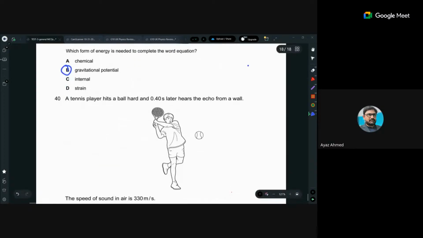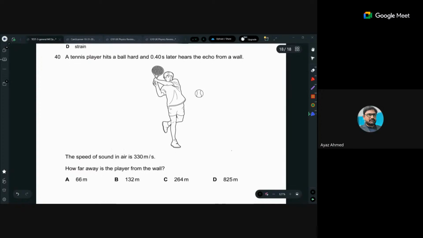Okay, the last question, a horrible one. The tennis player hit a hard ball, and 0.40 seconds later he hears the echo from the wall. The speed of the sound is given. How far away from the wall does the player hit the ball?